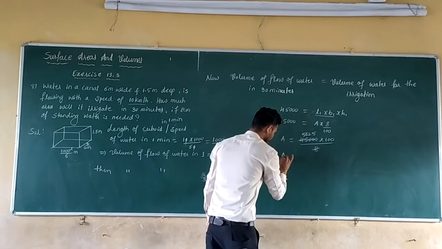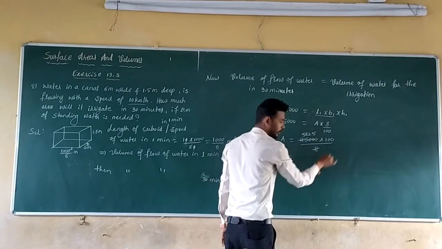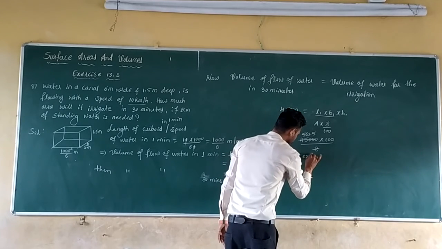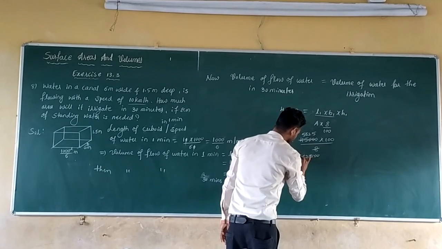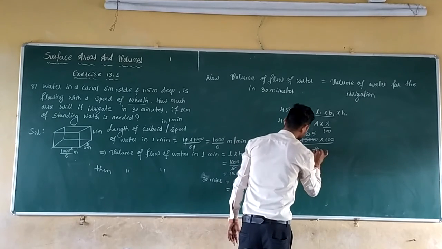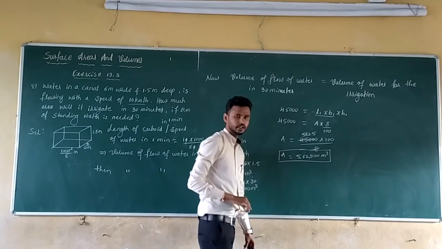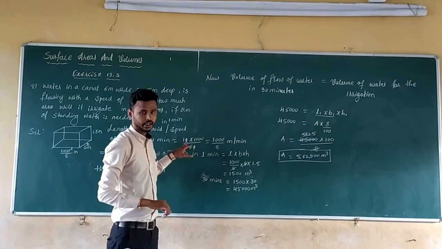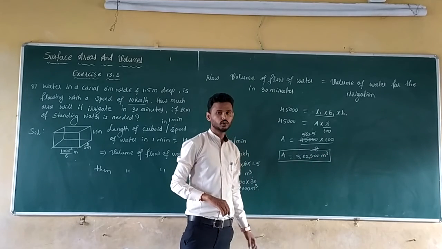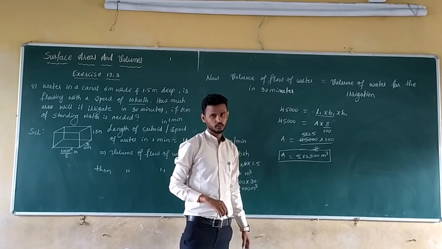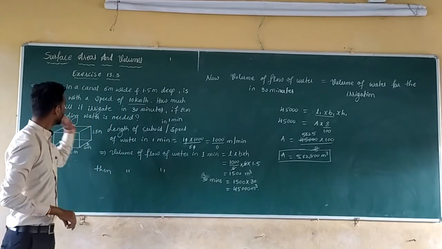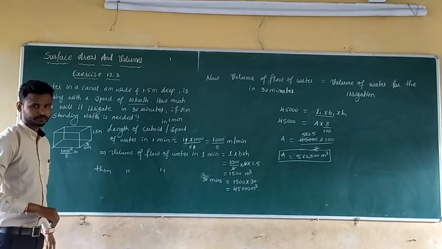That means the area equals, multiplying this, 5,62,500 meter square. Means in 30 minutes it will irrigate an area of 5,62,500. So this is the solution of the 8th question.